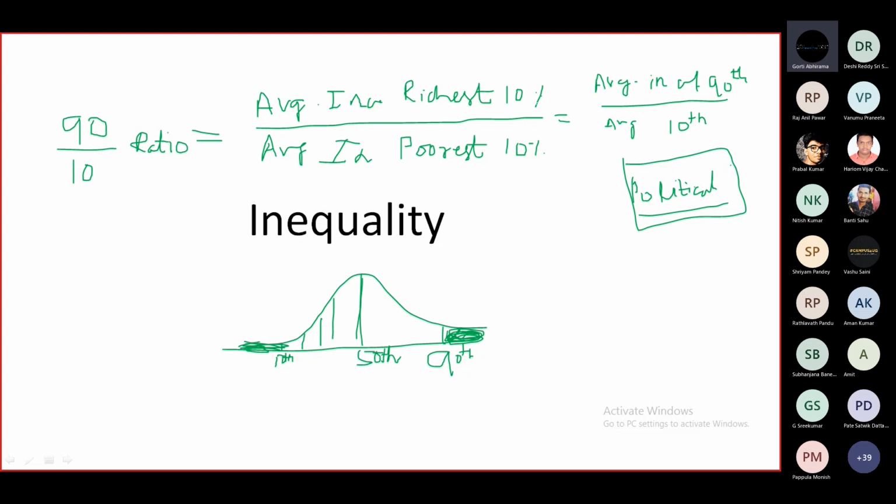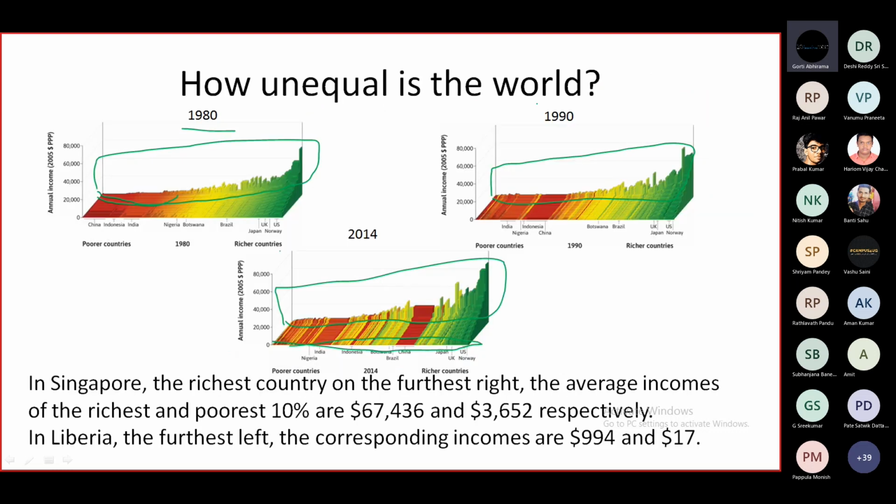So what we observe in terms of this 90/10 ratio is that even for the most equal societies we consider today, such as the Scandinavian countries, Norway, Switzerland, Netherlands, and so forth, this 90/10 ratio is a bit high.